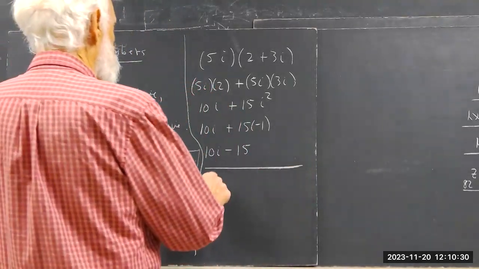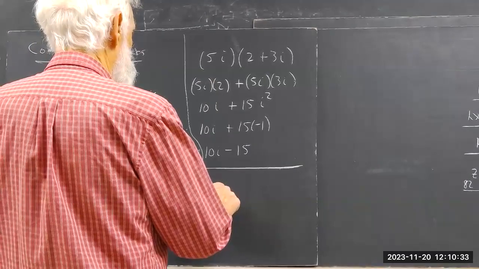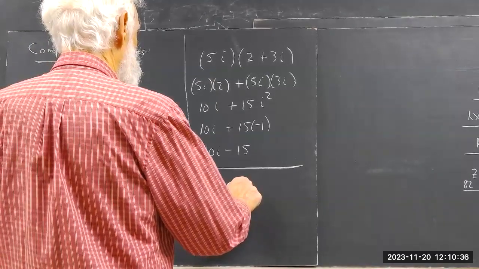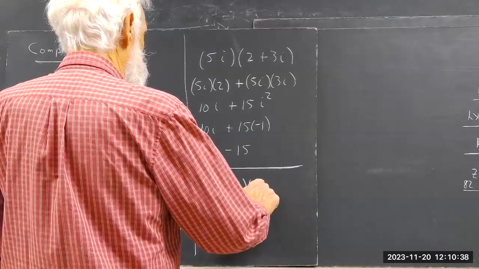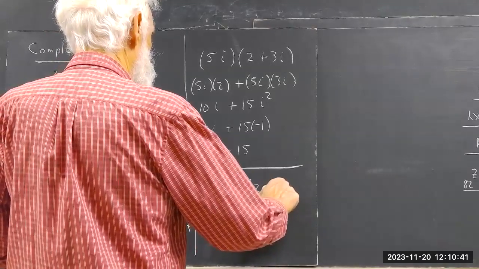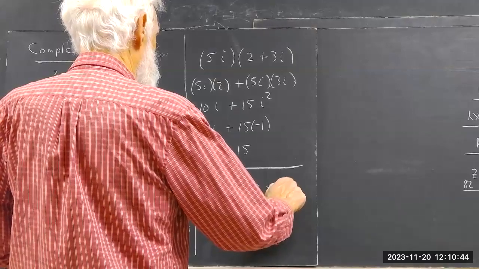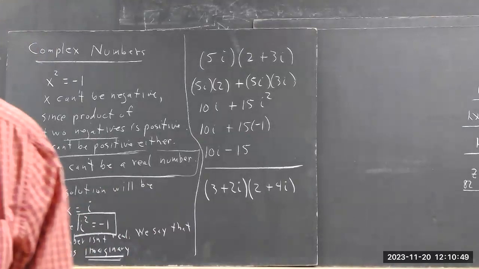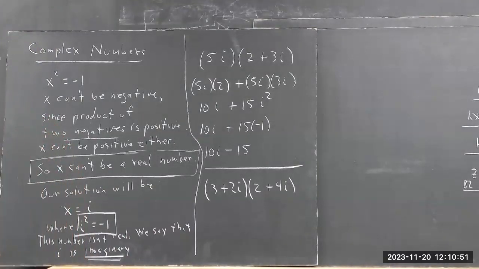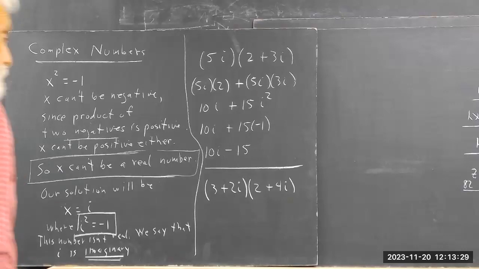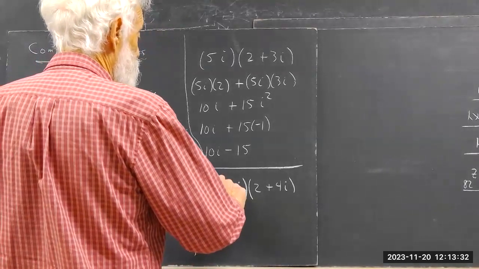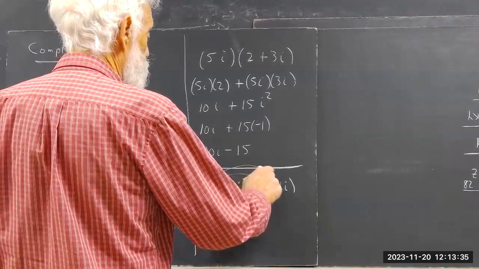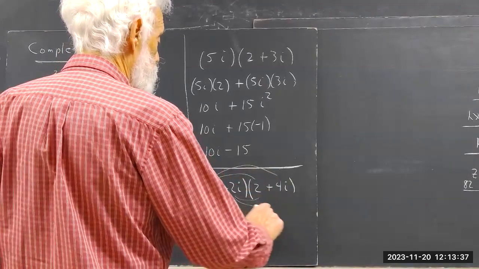Okay. Let's do another one, a little more complicated. Okay, we've got to use the distributive law. It's like we would with any product of two binomials. Okay, what we get. And I usually don't like to do this early in a course, but I'll do it now.